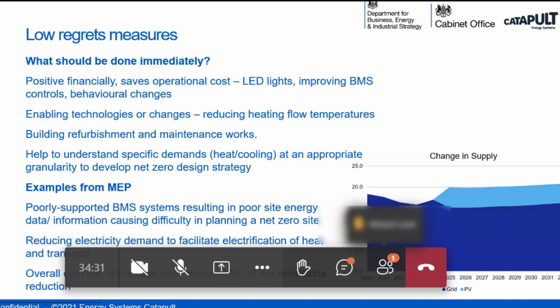Part of the project was looking at how we design a new heat system for a site, which is quite difficult if we haven't got a good breakdown of, in a hospital for example, the different types of heat requirements and main areas of use, such as hot water use versus heat use. That may be another workshop, but getting a good understanding of heat and cooling at a site is going to be very important on the net zero journey.